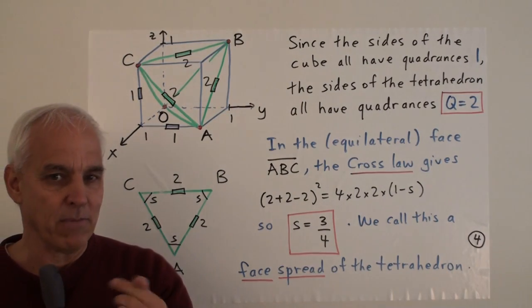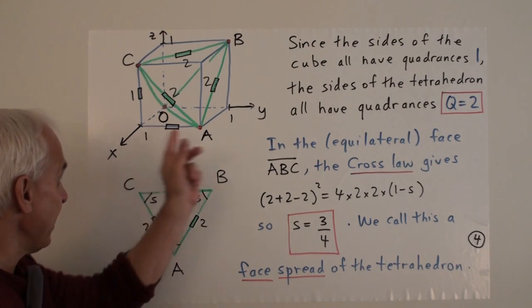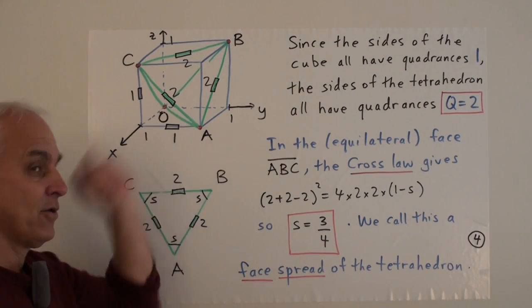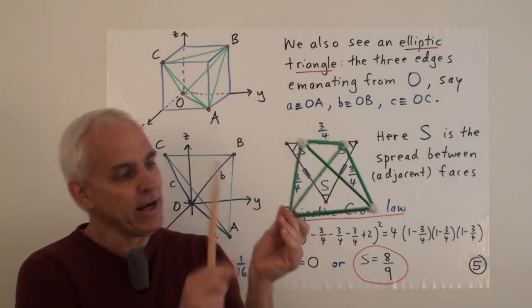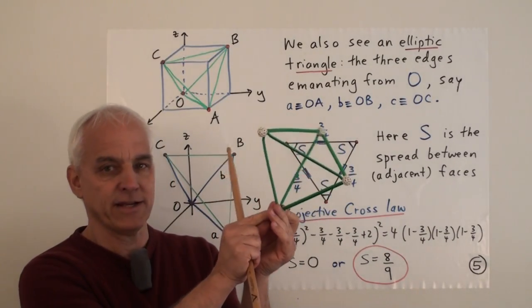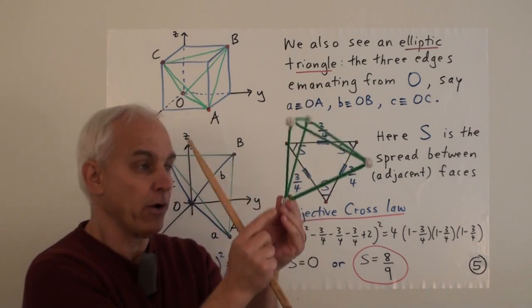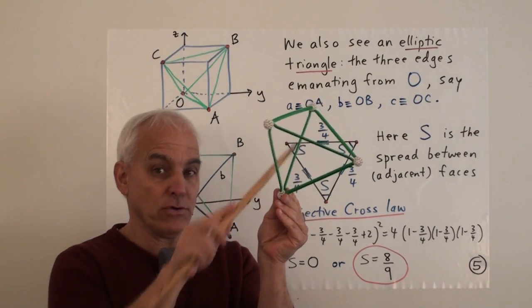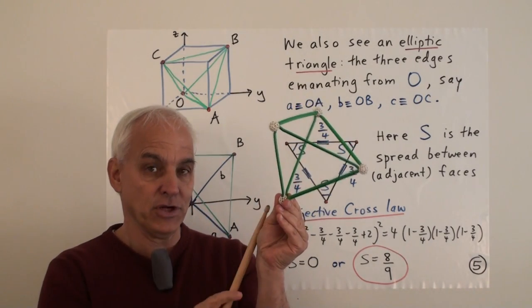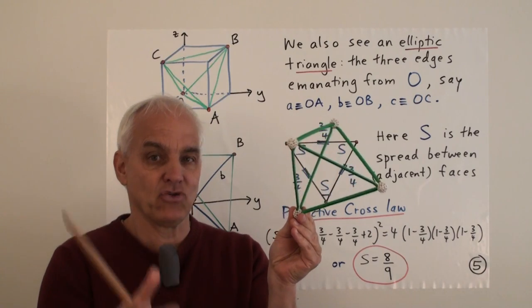Now let's have a look at some projective trigonometry to understand what happens at a vertex of the tetrahedron. All right, so let's take our tetrahedron and have a look at it from one vertex, say the origin here. If we're at the origin and looking at this tetrahedron, there are 3 edges emanating out from the origin. That's exactly the kind of situation of what we say is an elliptic triangle.